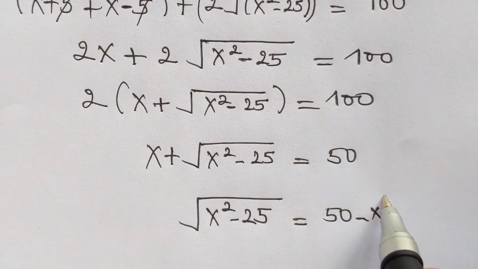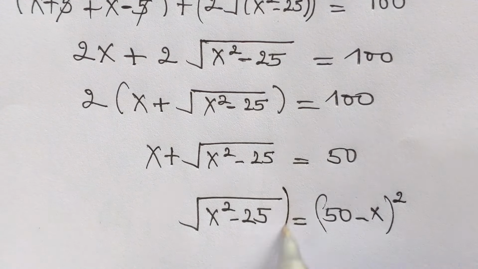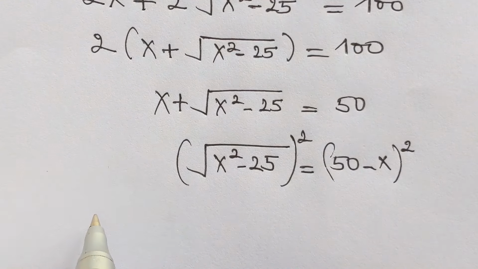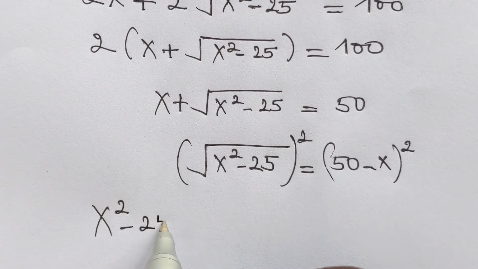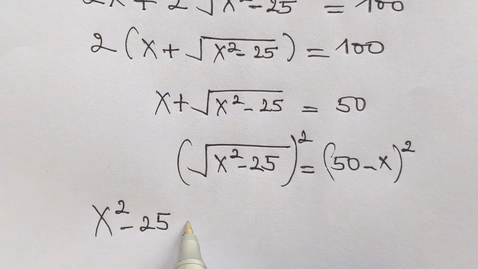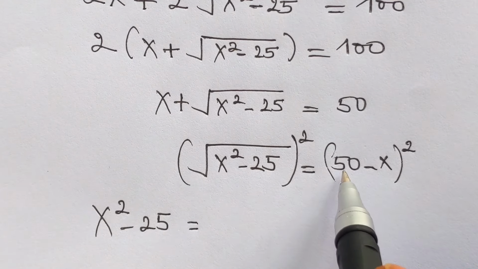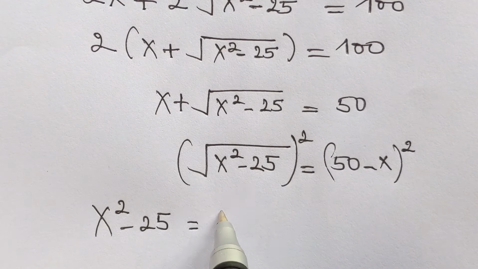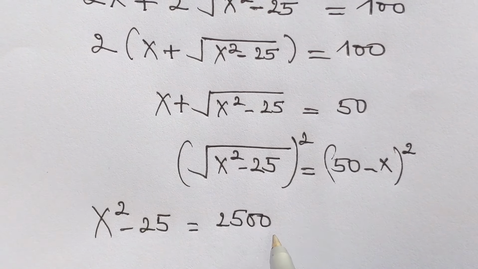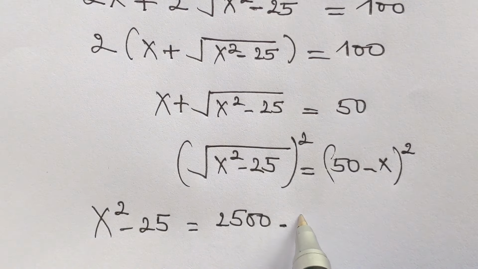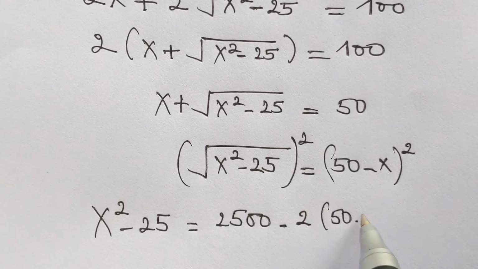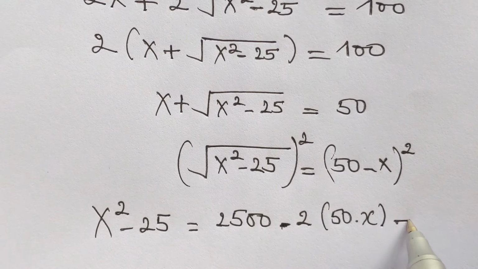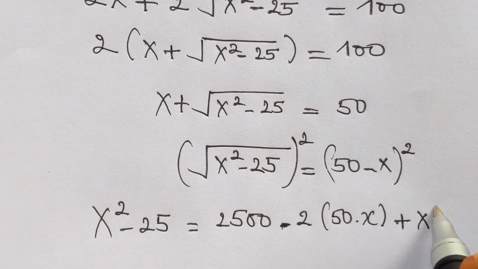Then of course we shall square again on both sides to get x squared minus 25 equal to 50 squared, which is 2500, minus 2 times 50 times x, plus x squared.